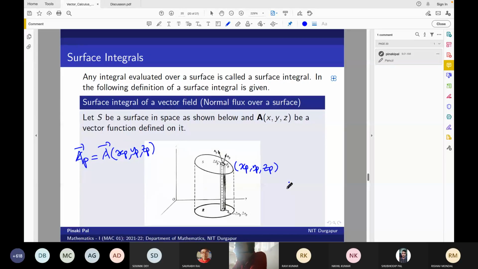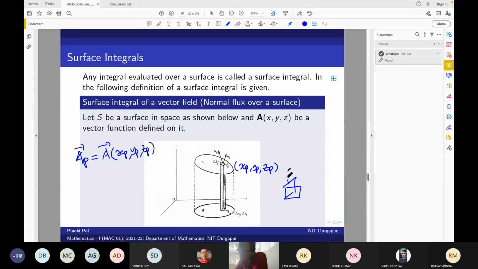Now you have a situation something like this. This is the rectangle on the XY plane, and if you move this delta S parallelly along this shaded region, then you will have this kind of situation. Although if your region delta SP is very small, you can approximately think that this is a kind of rectangular thing.